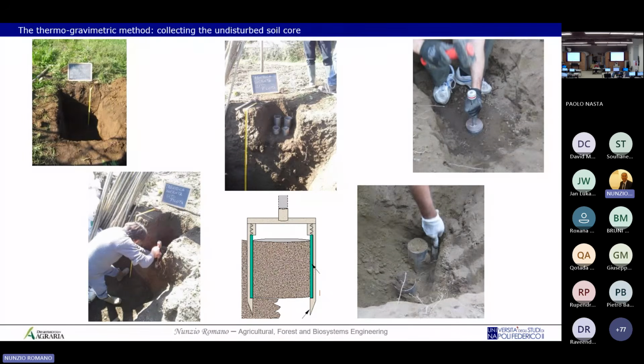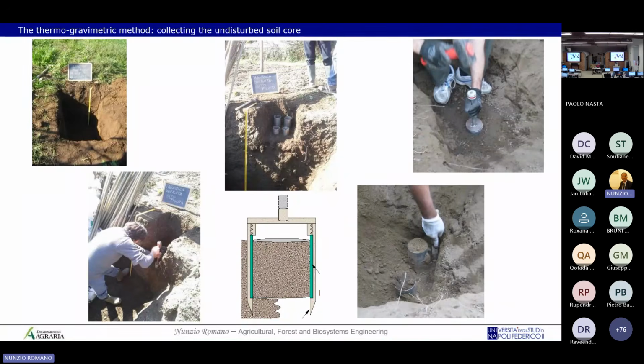We put the cylinder into the soil by hand with a hammer, very slowly, and as long as the cylinder moves down into the soil, we eliminate the soil around the cylinder, just to reduce or eliminate the friction around the core.